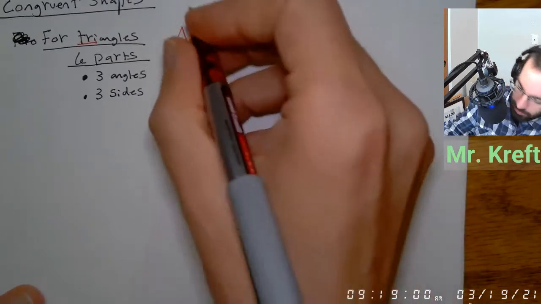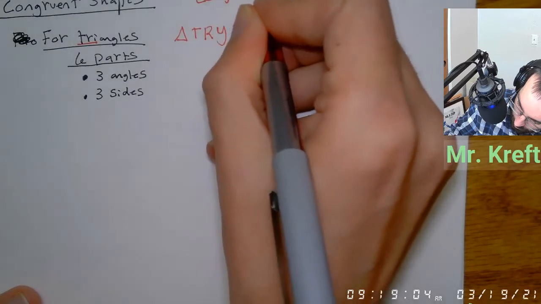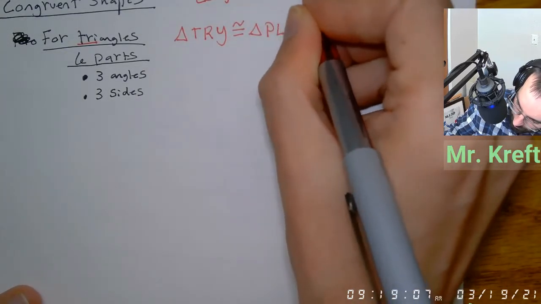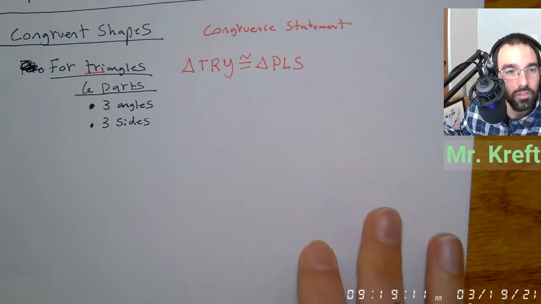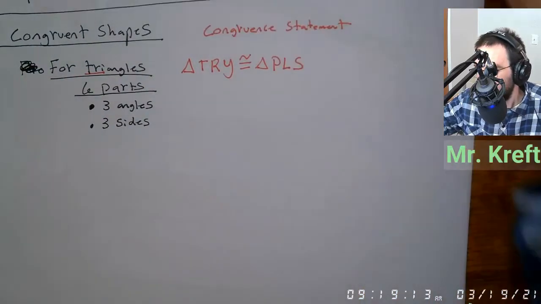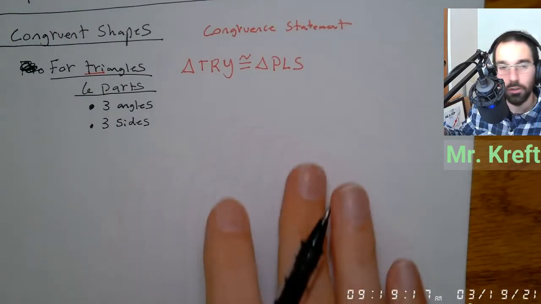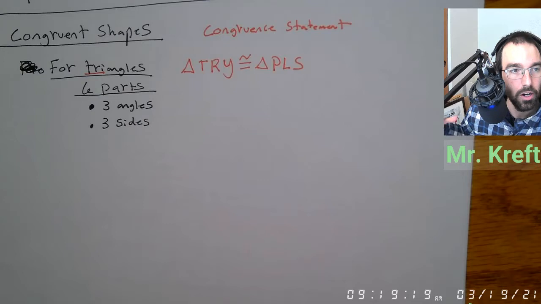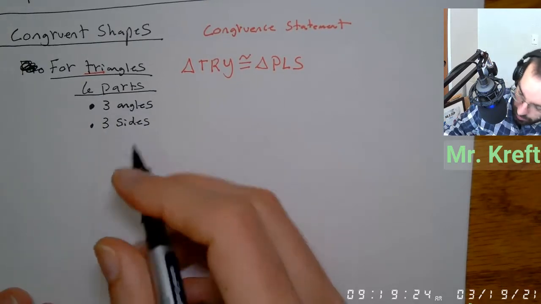So we got to remember, this is called a congruent statement. Now, what's really important here is that, given a congruent statement, we want to be able to identify all the congruent parts. And there's 6, right? There's 3 angles, 3 sides.